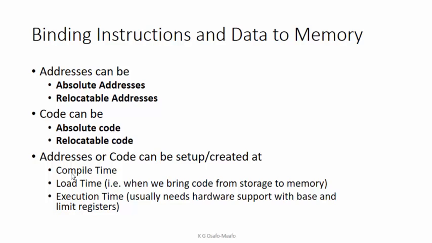Now, another strategy that processes or programs can use is when you are loading. So when someone says start a new process for me, when you are bringing the process from storage into memory, then you can figure out what the addresses are. You can figure out whether you want to calculate and make it absolute, or come up with some relocatable strategy.